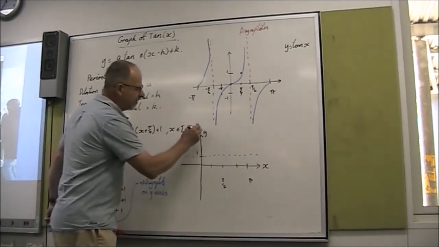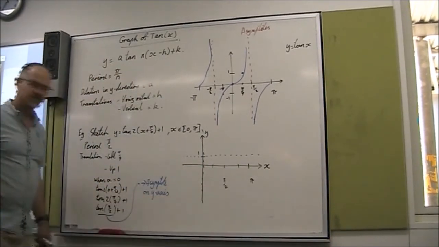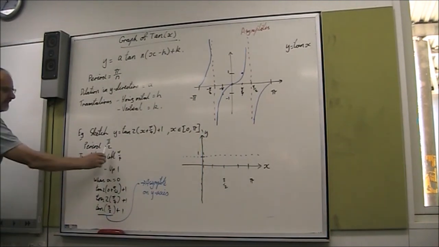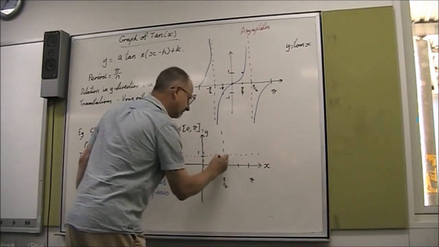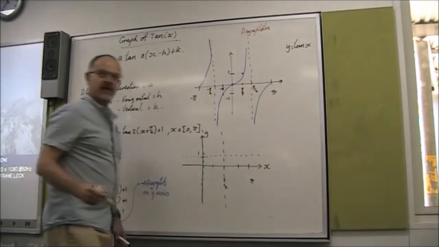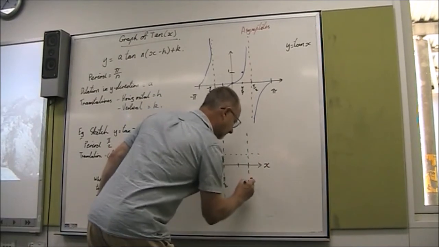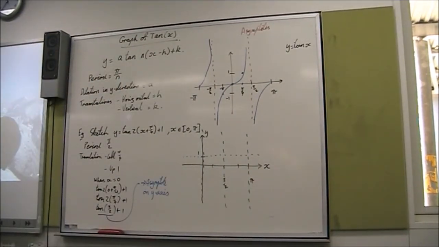So if I have one of them there on the y-axis, when would our next one be? How much later? 1 period later, which is pi on 2. So we'll have another one here. And after that, we'll have another one, 1 period later, pi on 2.